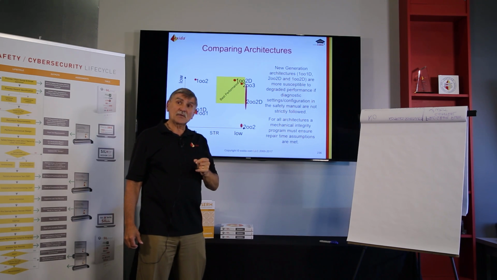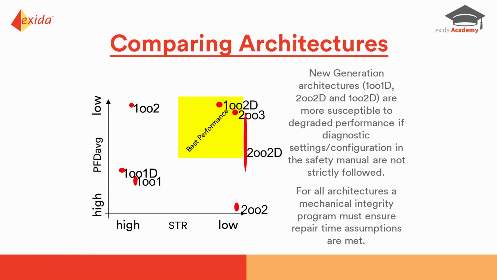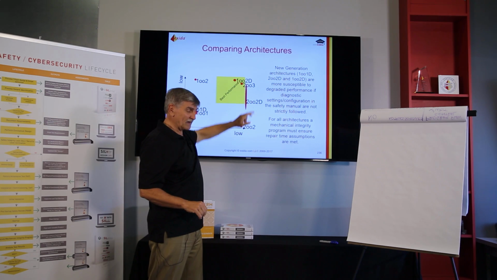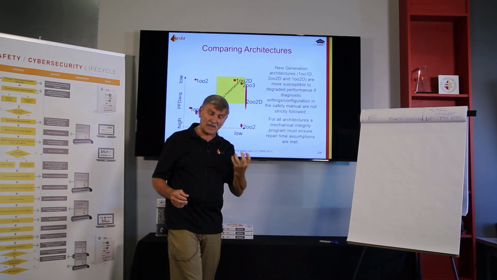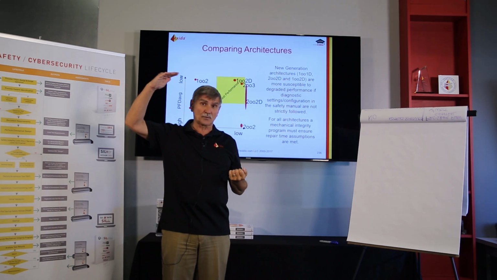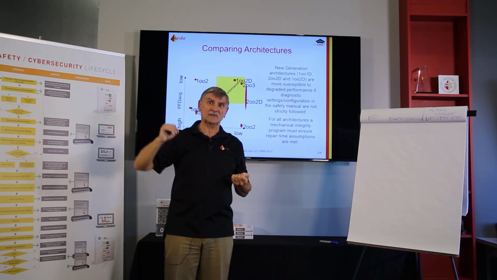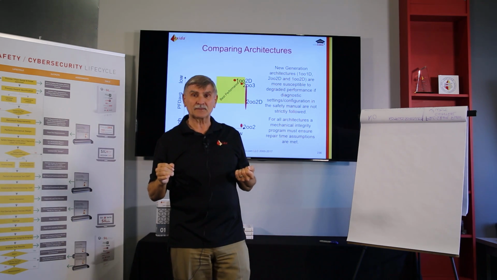In the late 2010s, we see commercial implementations of 2 out of 3 still on the market. We see commercial implementations of 1 out of 2D still on the market. And 2 out of 2D is becoming more of a common design as the diagnostics really do approach 99 and even higher, because semiconductor companies are now helping.